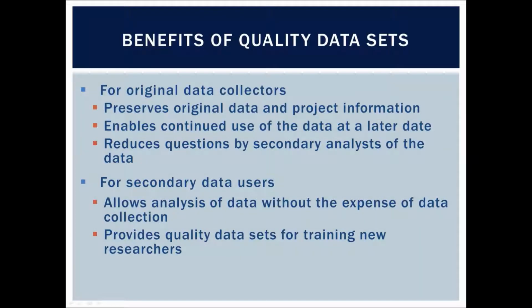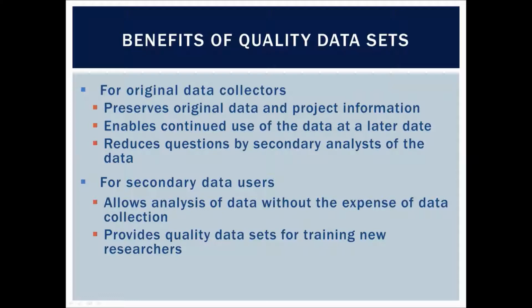Quality data sets are not just for other data users. There are benefits for the original data collector in that they preserve the original data and project information. They enable continued use of the data at a later date for future research projects, and they reduce the questions that secondary data analysts may ask when they make use of the data.